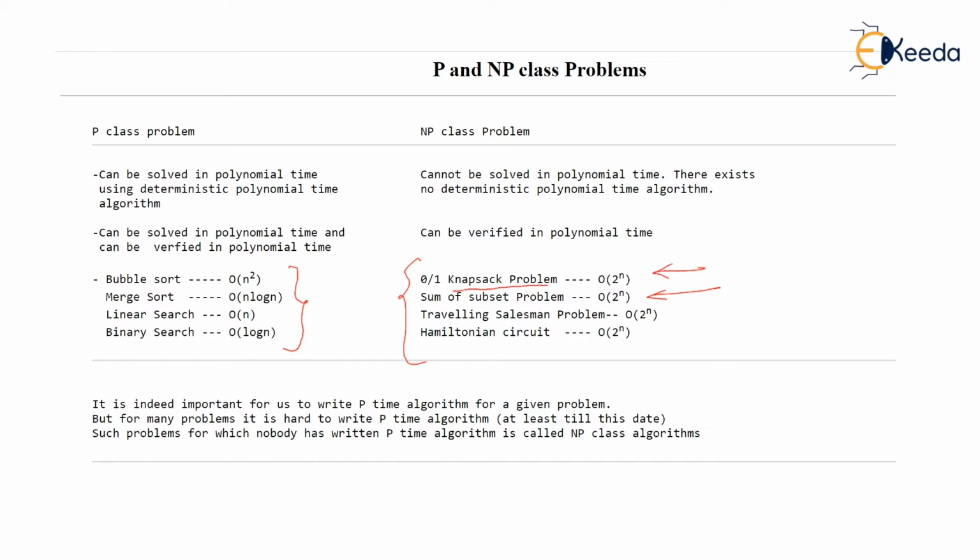Or the sum of subset problem has complexity of big O of 2^n, where n is the number of values given which are to be added to find the sum. Similarly, traveling salesman, Hamiltonian circuit, all of them have order of 2^n. Actually, their orders might vary, like some of them might be n into 2^n, but I have in general written it as 2^n.